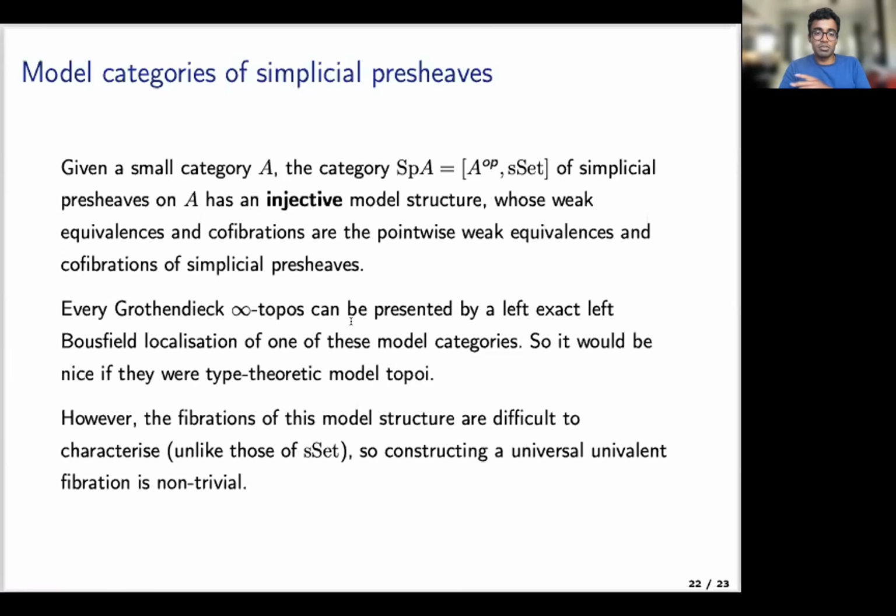Not all monomorphisms are projective cofibrations. So constructing a universal univalent fibration is non-trivial compared to the same construction for simplicial sets.